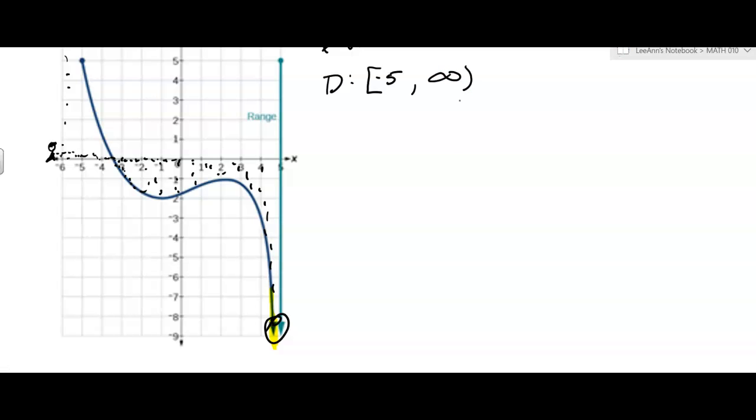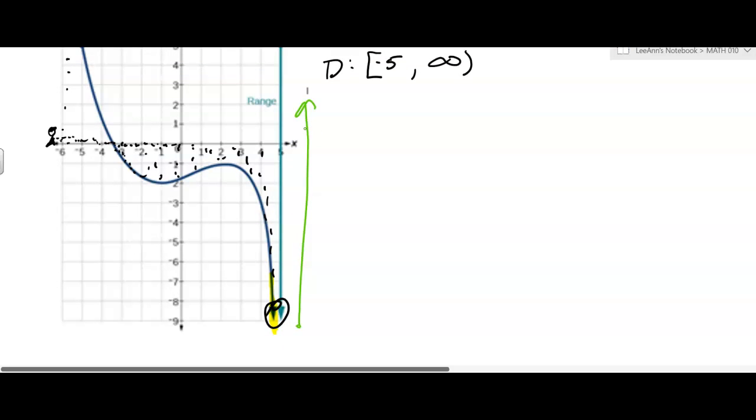Okay, now for range, I tell my students, turn your head sideways. We're going to go from bottom to top, okay? Lowest to uppermost. So where do you start at the bottom? Well, it looks like -infinity because that's going down, down, down, right? So our range is going to start from -infinity, and then I can get to the graph.